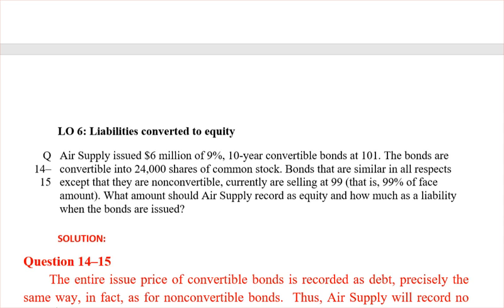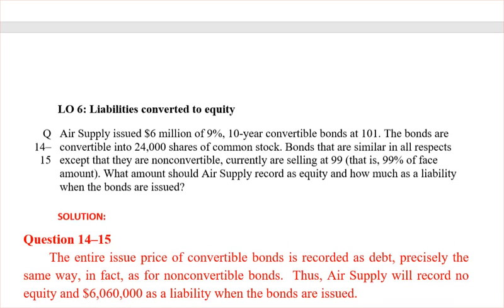We have no belief that they will convert or they won't convert. Therefore, you're going to record those as bonds or liabilities. So as the solution tells us, we are not going to record any equity and put it all in there as a liability. Then if it does become stock, I want you to remove this bond.